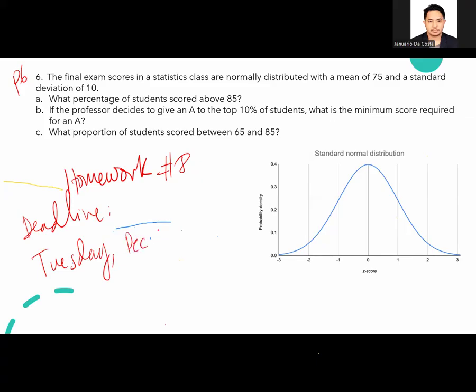December 10, 2024 at 11 a.m. Will teacher add it to the Google Classroom? Yes, I will do it after the class. All right, so that's homework number 8.